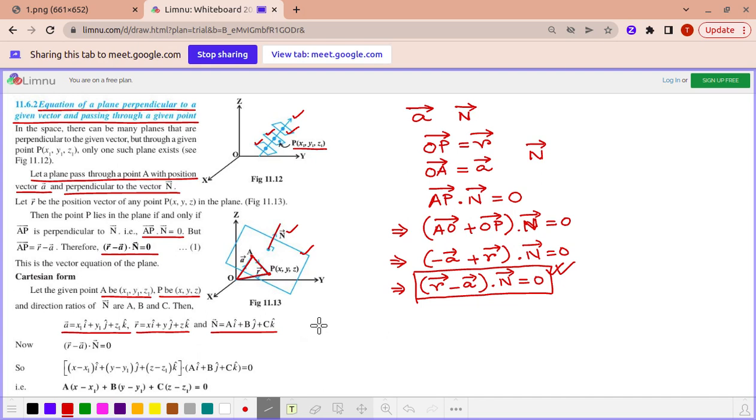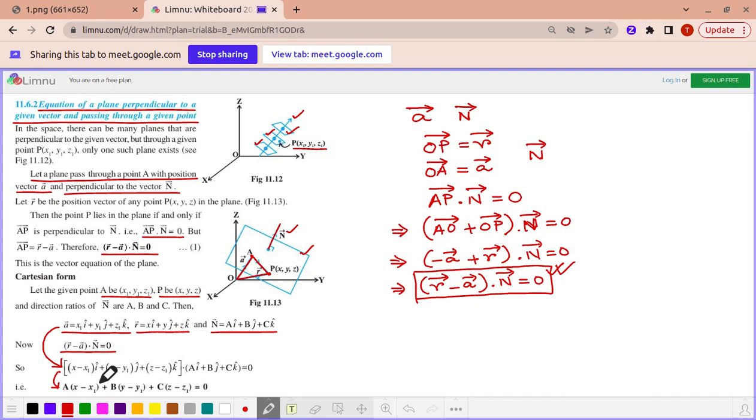By the way, what is ABC? ABC is nothing but the direction ratios of the normal to the plane, capital A, capital B, capital C in this case. Now as we already derived the vector equation as r vector minus a vector dot n vector equal to 0, let us apply all these things, and finally we get the required Cartesian equation of a plane.